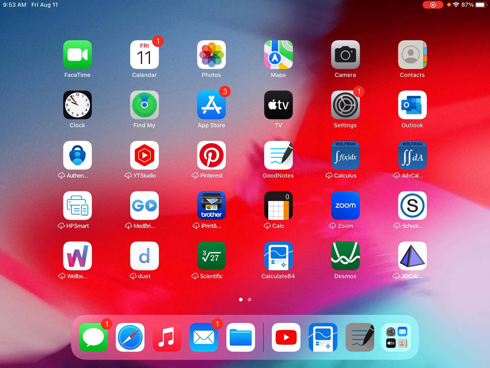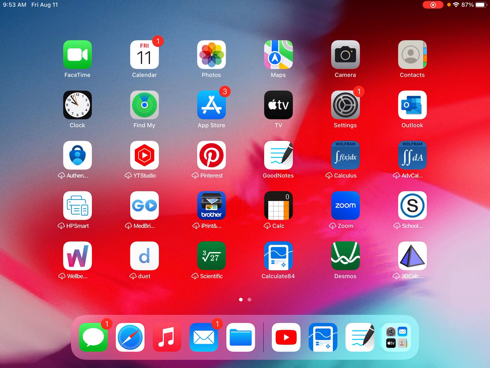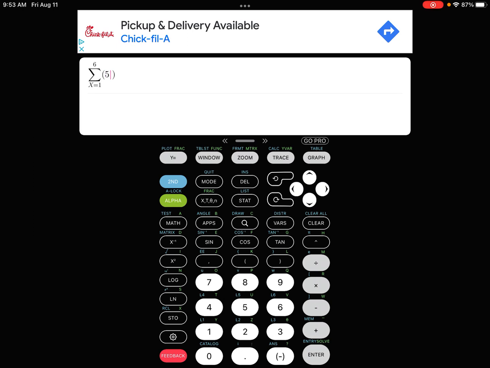So when we're going to type this 5 times 2 to the n minus 1, I have to type that all in here. 5, I have to make my own parentheses, 2 parentheses, power, and then x minus 1. So everything fits inside those parentheses that were given to you. Okay, 315.